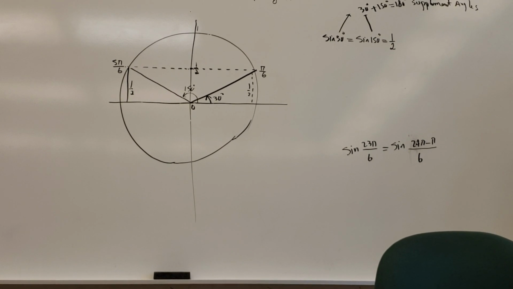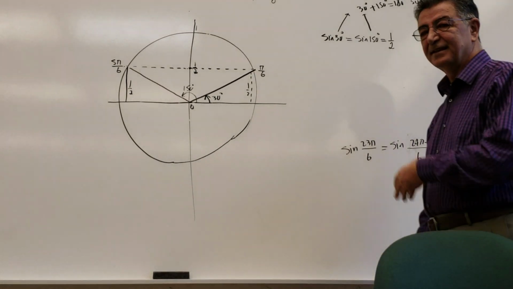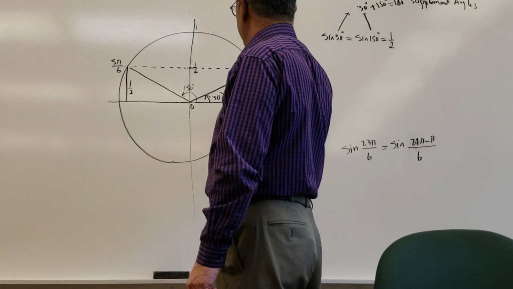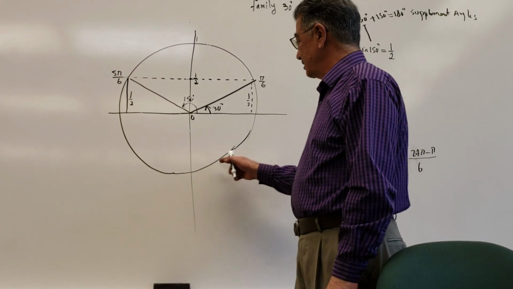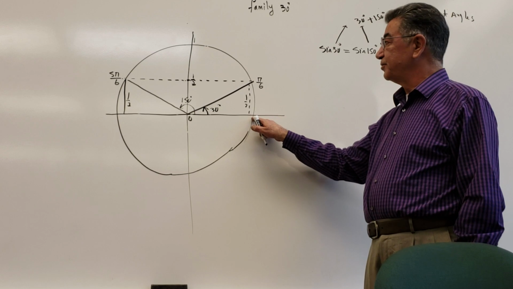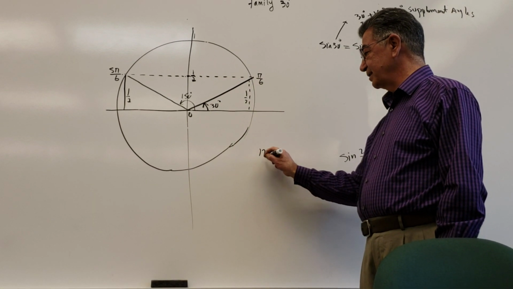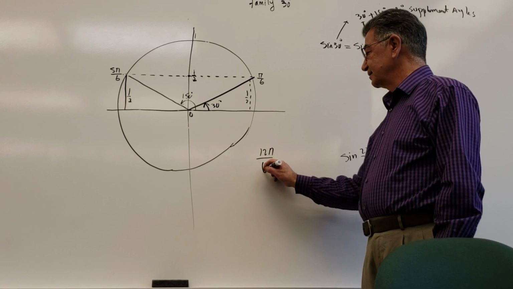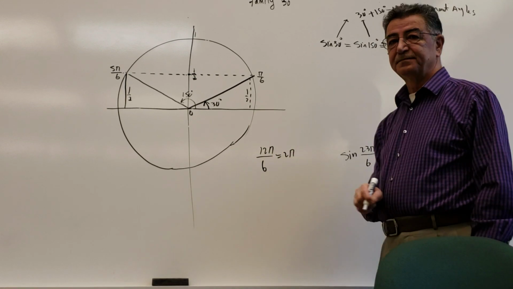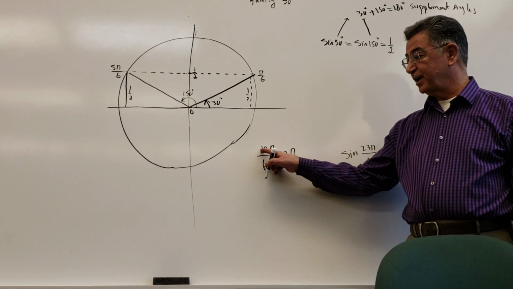Because 24 over 6. Anytime you exceed the limit, when you go around the circle, how much is that value? 2 pi. If you're looking at family of pi over 6, do you guys agree that this is 2 pi?